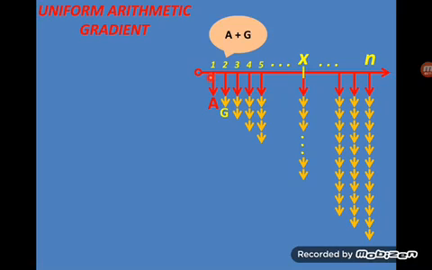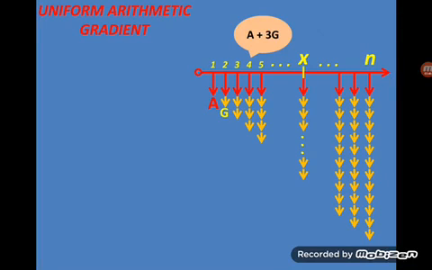At the first period, our cash flow is simply A. In the third period, our cash flow is equal to A plus 2G. And in the fourth period, our cash flow is equal to A, and now we have already 3G. Now we can deduce that at the end of the fifth period, the cash flow should be A plus 4G.